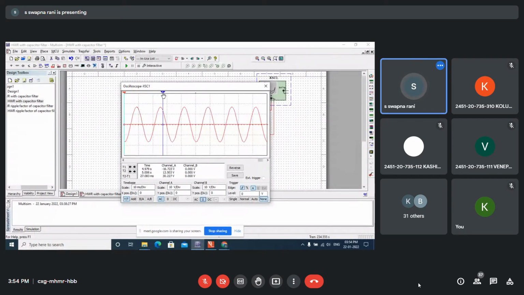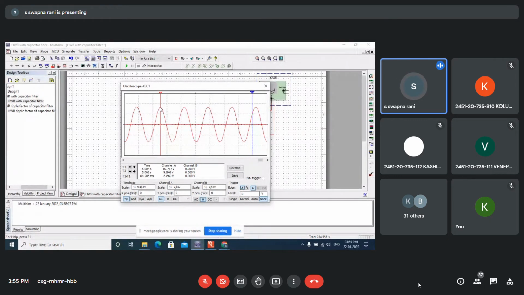I can use this cursor. This is not for channel 2 and channel 1, those are cursors.